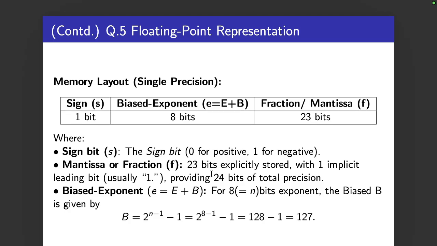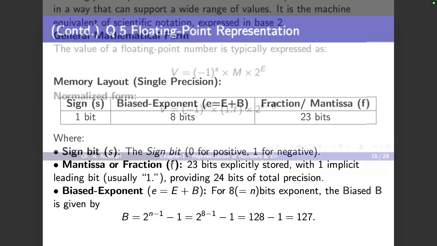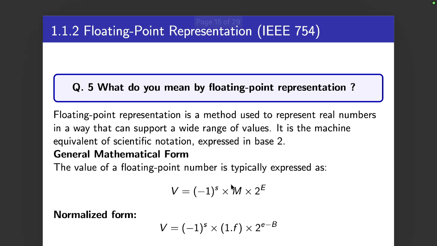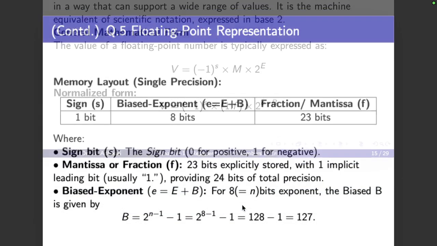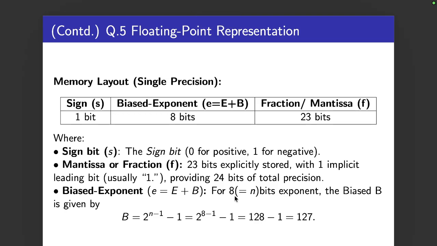The mantissa part, 23 bits, is explicitly stored with one implicit leading bit, because m is expressed as 1.f times 2 to the power something. This is the normalized form, providing 24 bits of total precision.